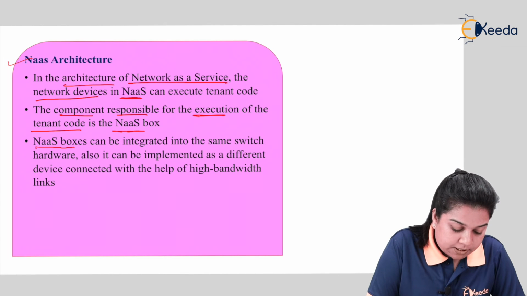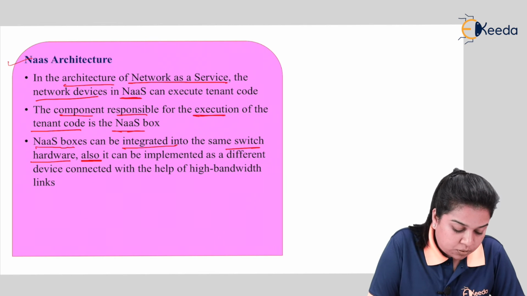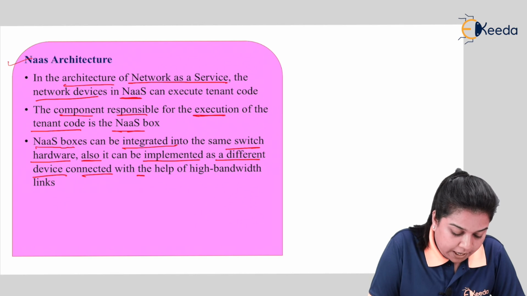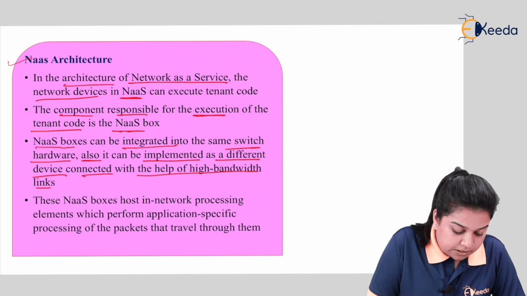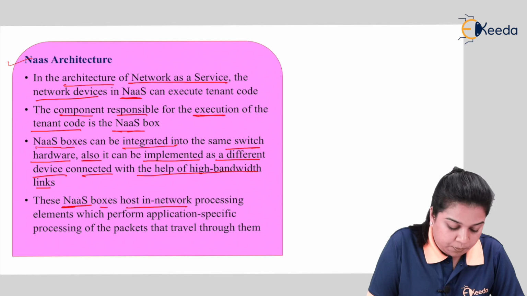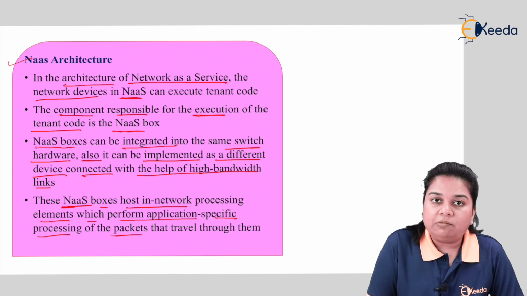Network as a service boxes can be integrated into the same switch hardware. Also, it can be implemented as a different device connected with the help of high bandwidth links. These network as a service boxes host in network processing elements which perform application specific processing of the packets that travel through them.